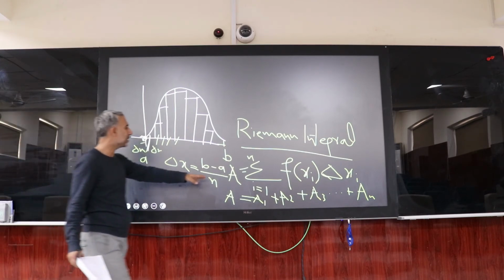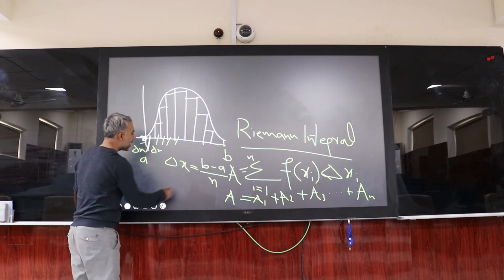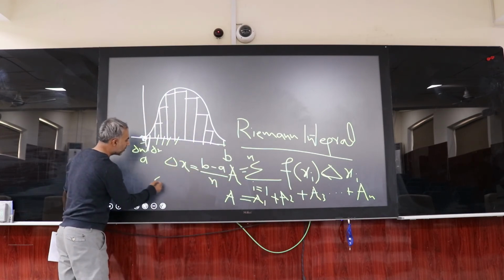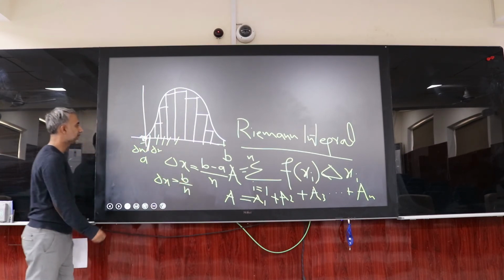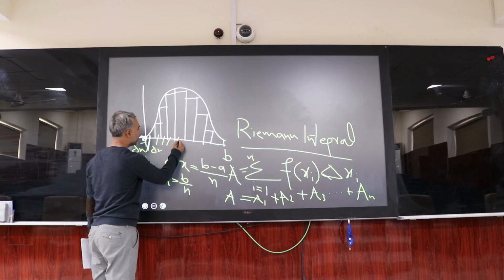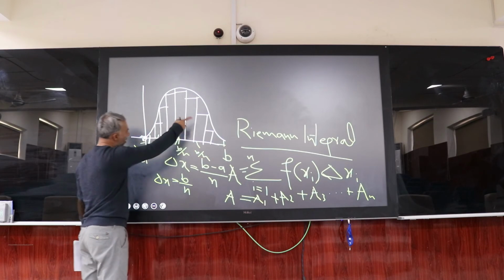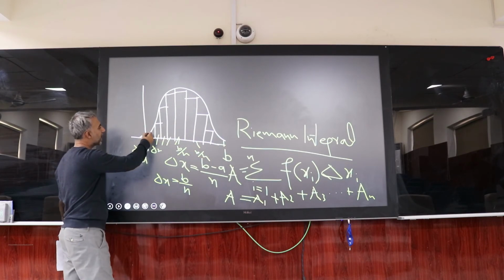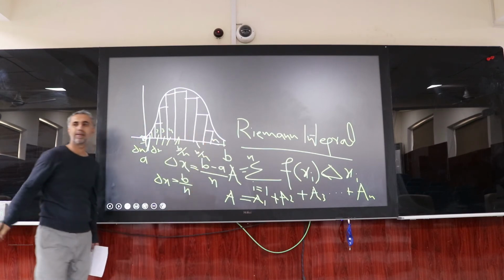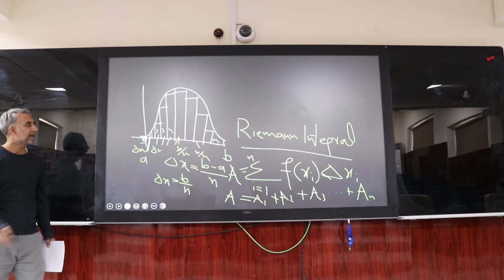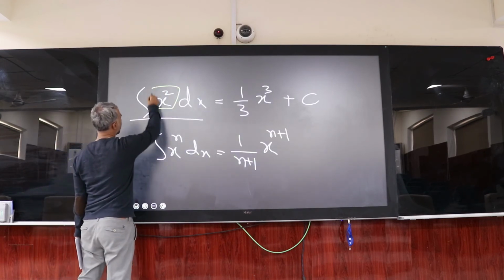And the base is the same in each case, and if A is 0, then we will get delta x as B over n. This is the base. So the base of each is B over n. But the number of rectangles will change: 1, 2, 3, 4 up to n rectangles. Here in this case, the function is x square.